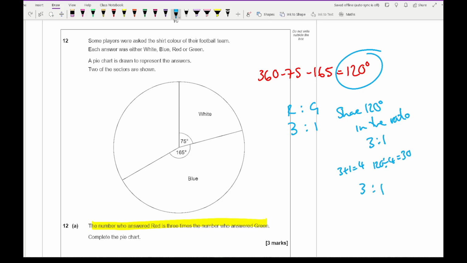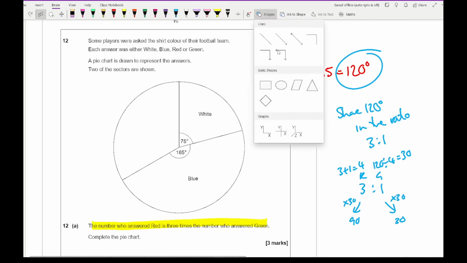And then 3 to 1, red to green, times 3 by 30 gives me 90, times 1 by 30 gives me 30. So then what I can do is measure those two angles.